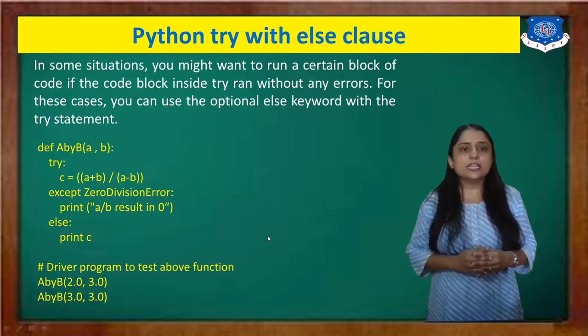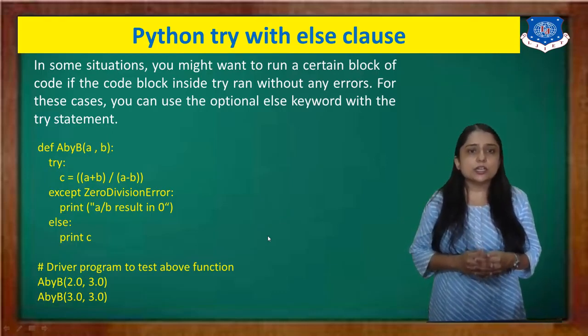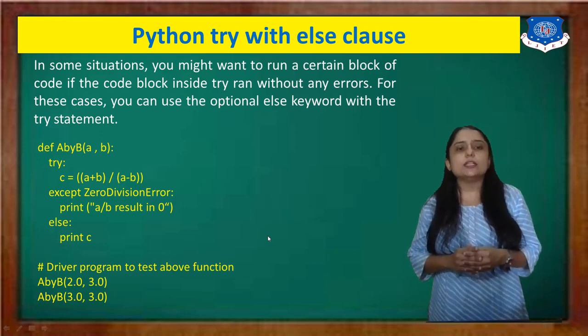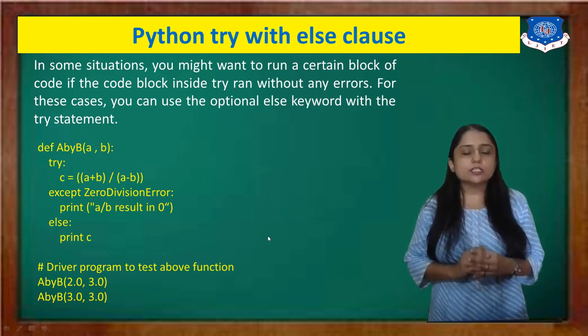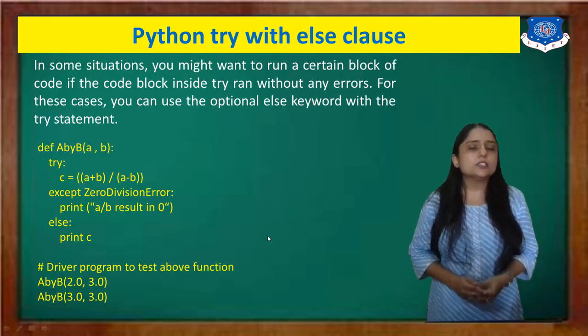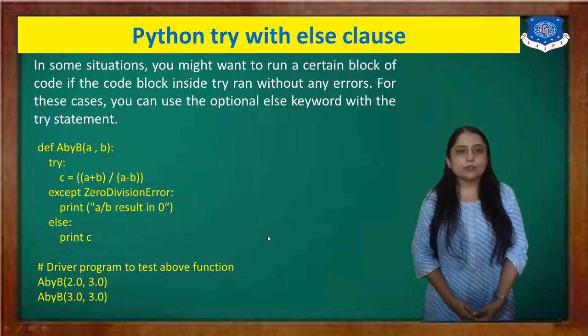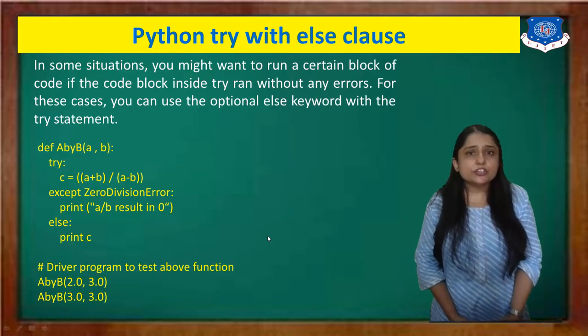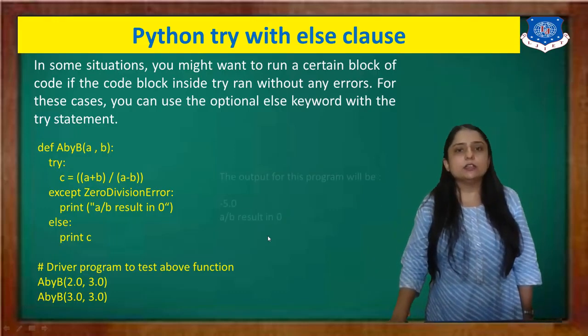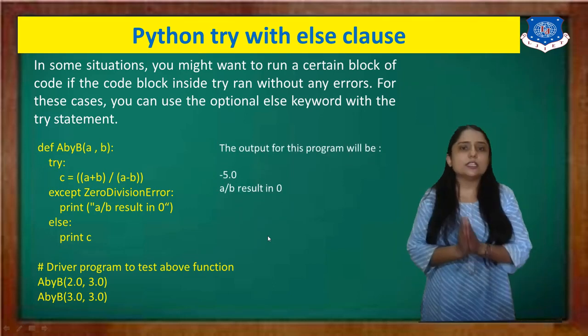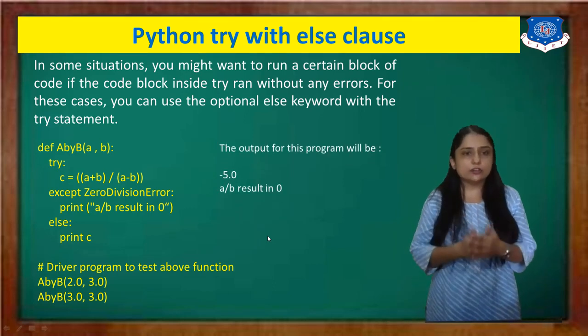It will compute 2 plus 3 divided by 2 minus 3. 2 plus 3 is 5, and 2 minus 3 is minus 1, so my answer is minus 5. There is no zero division error, so it simply prints the value of c. My first answer is minus 5, that's all right.